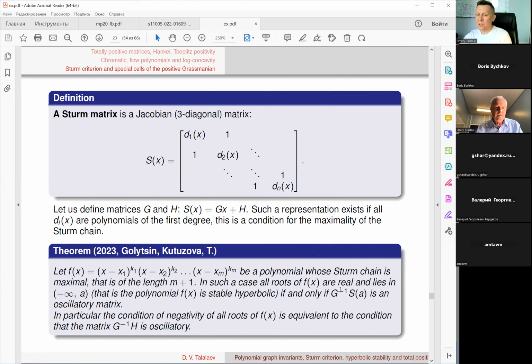So in this case, this condition is equivalent to the oscillatory property of this matrix, which is constructed by a Sturm matrix. In particular, for a equals 0, we get an equivalence of two conditions: that the polynomial is stable hyperbolic, and the matrix G^-1 H is oscillatory.